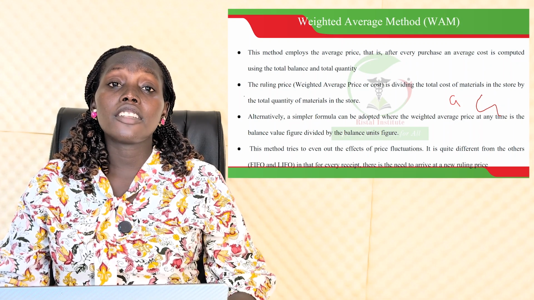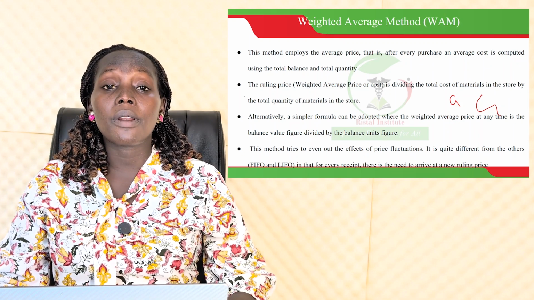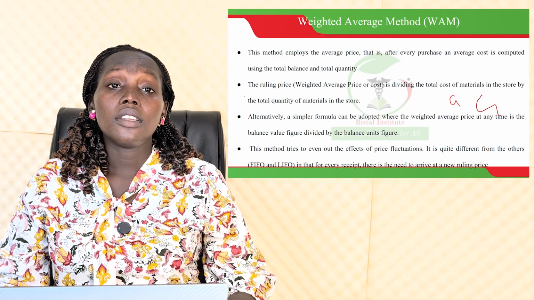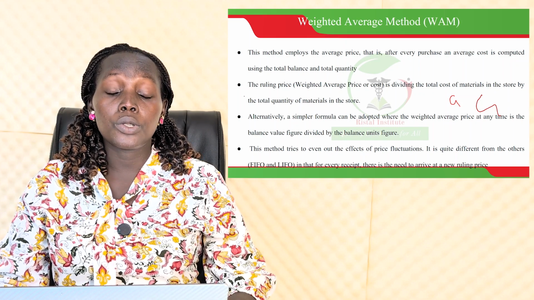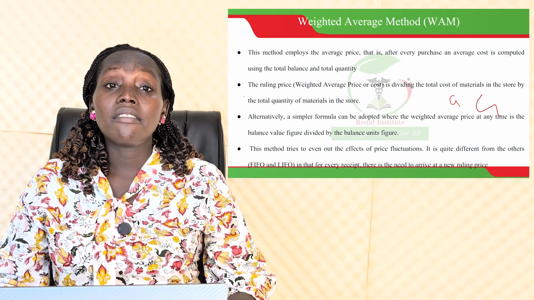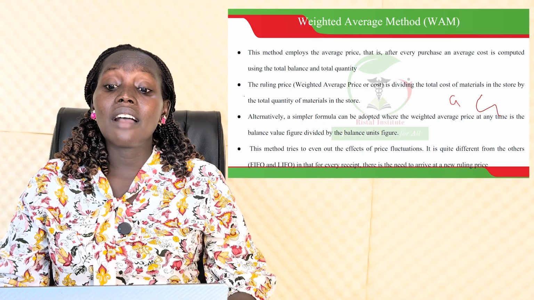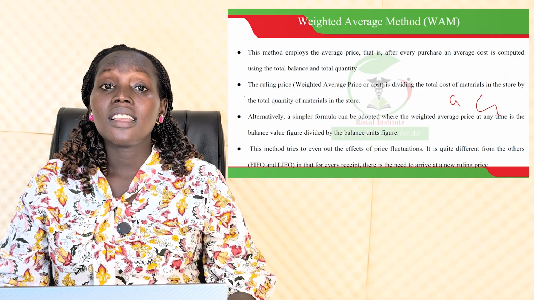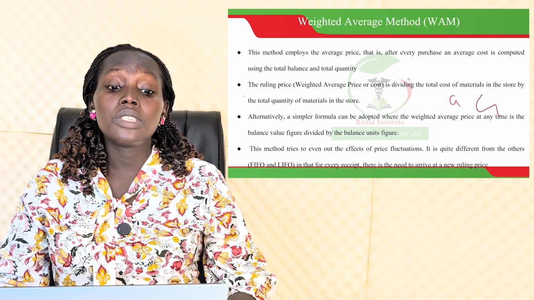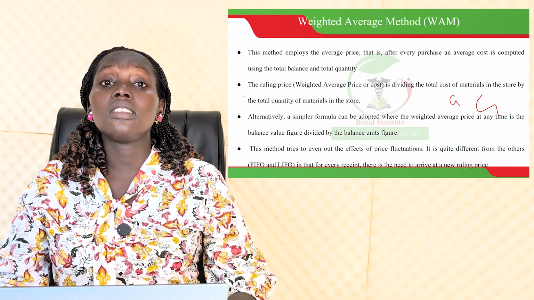This weighted average method is one of the methods that is used in material valuation. This method employs the average price after every purchase. For every purchase, an average cost is computed using the total balance and the quantity.